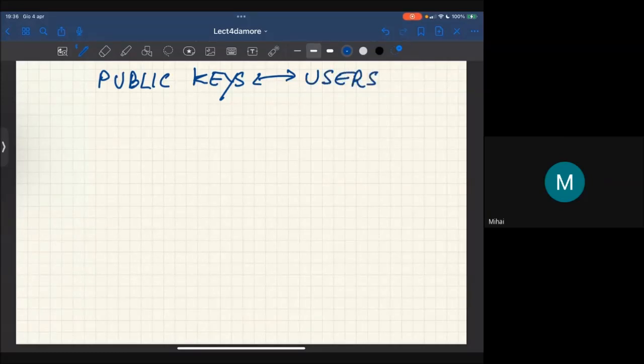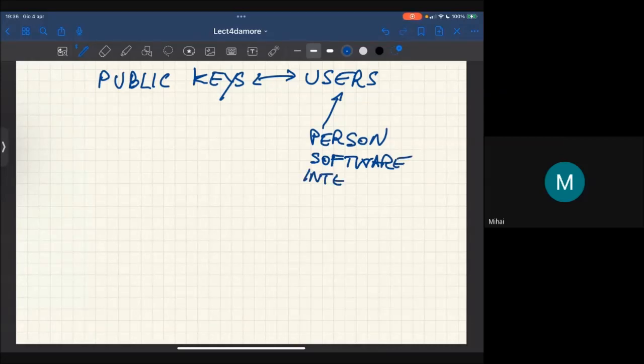Keep in mind that when I say users, a user can be a person, can be a software, can be an internet domain, for instance, google.com.